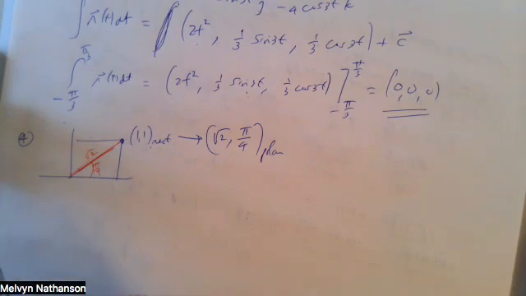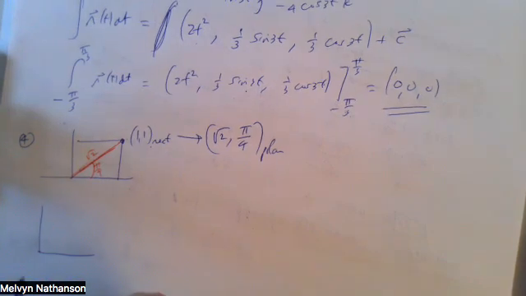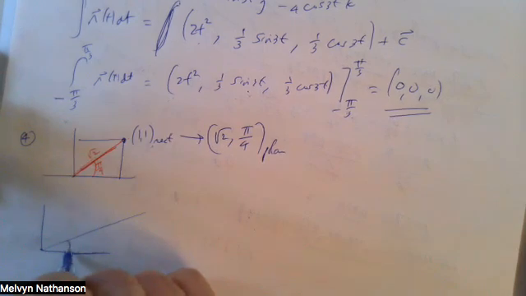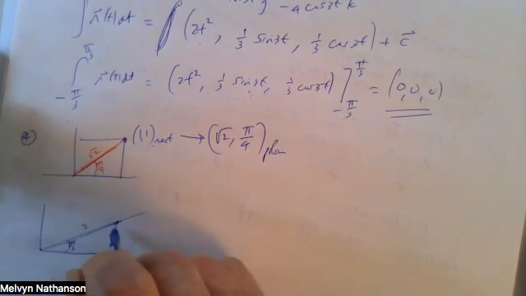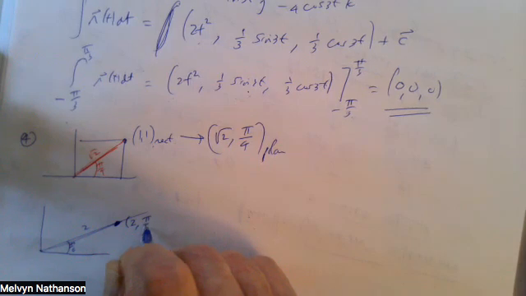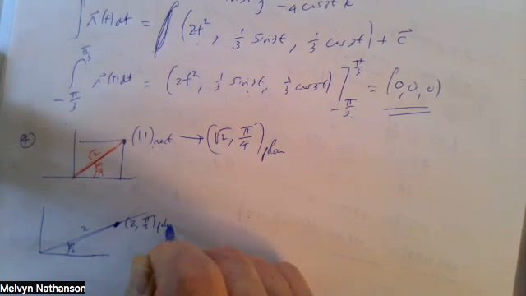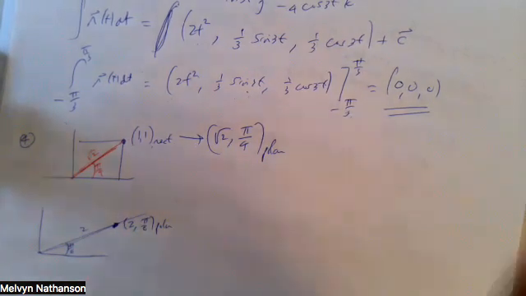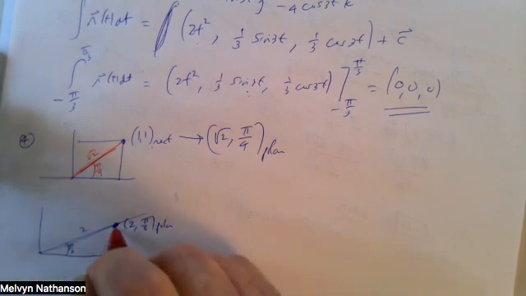If you have the point 2, pi over 6 in polar coordinates, so if this angle is pi over 6, and this distance is 2, this point in polar coordinates is 2, pi over 6. And in rectangular coordinates, what is it?